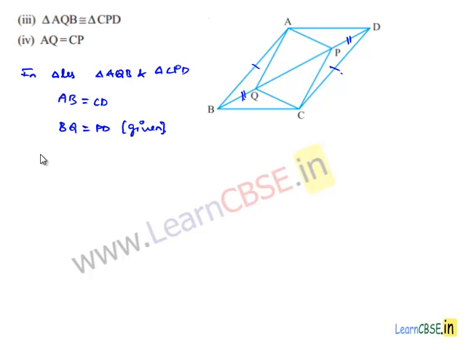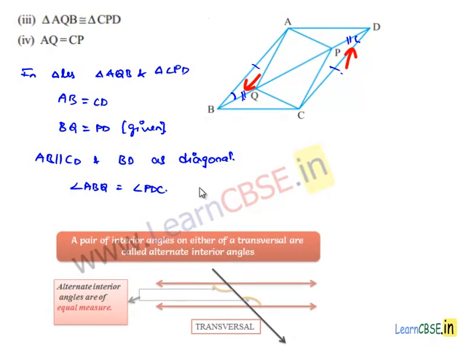Now, if we consider that AB is parallel to CD and BD as diagonal, then angle ABQ will be equal to angle PDC, since they are alternate interior angles.